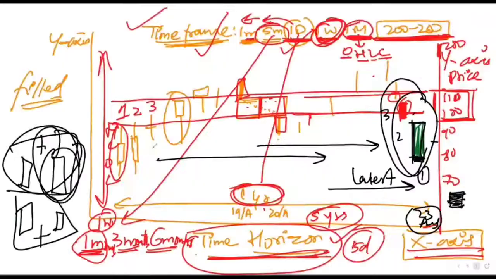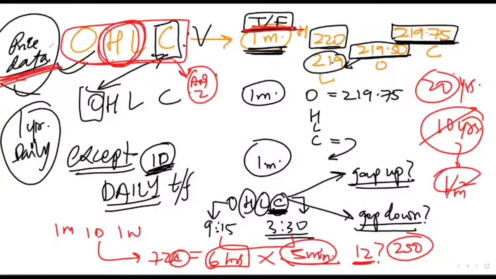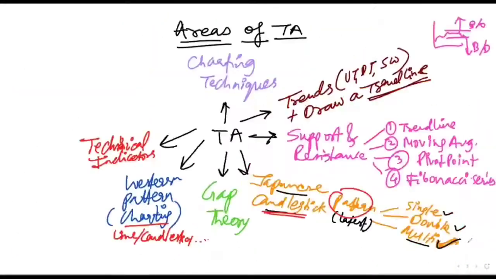So basically, if I have price data, OHLC price data, let's say, on it I put an averaging formula, or I put a square root formula or squaring formula. I find the difference between the high and low of the last 14 days. If I apply a formula on OHLC price data, that is called a technical indicator.